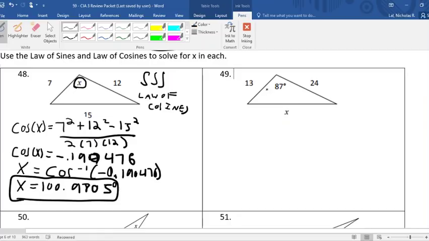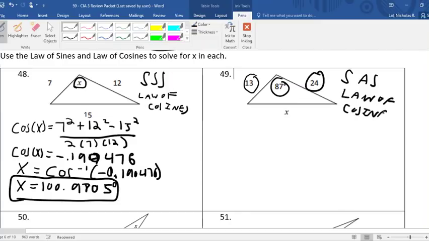For 49, this is going to be side, angle, side. We can still use the law of cosines. So side, angle, side, law of cosines. So we know that x squared is going to be equal to 13 squared plus 24 squared minus 2 times 13 times 24 times the cosine of 87.